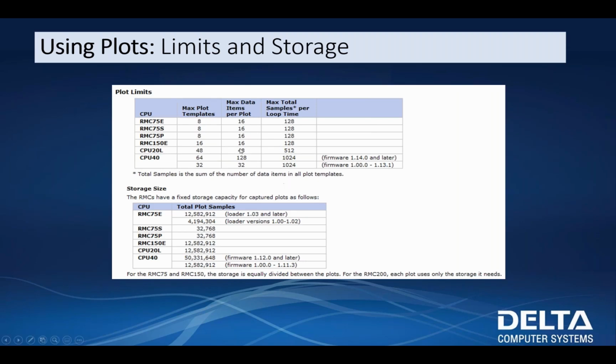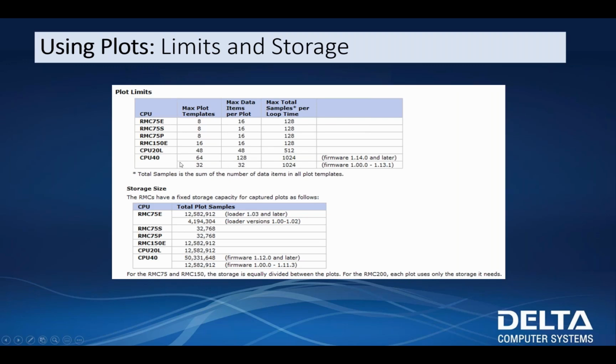So as the controller axes increase, for instance, with the 150, now you're up to 16 plot templates, 16 data items each. And then with the CPU 20L, we're at 48. And for the CPU 40, we're at 64 plot templates with 128 data items.